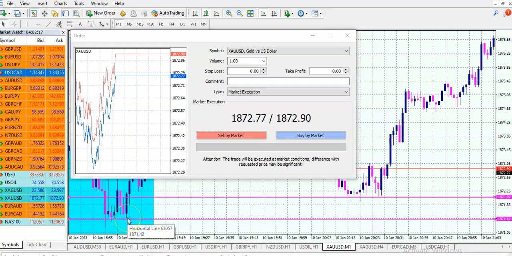So we are taking that particular wick as our stop loss, which is 1871.42. So that is what we are going to put at the stop loss, 1871.42.